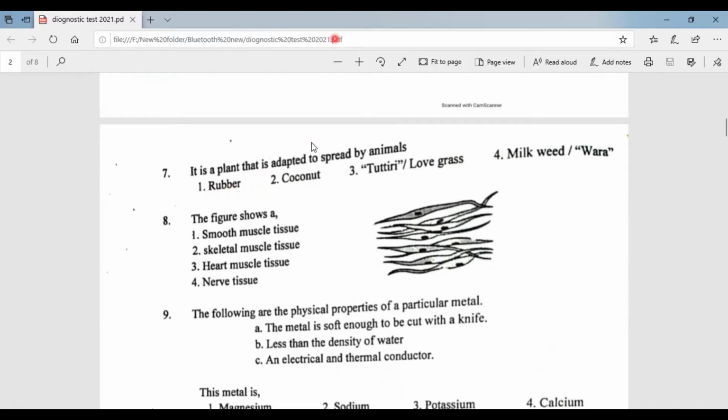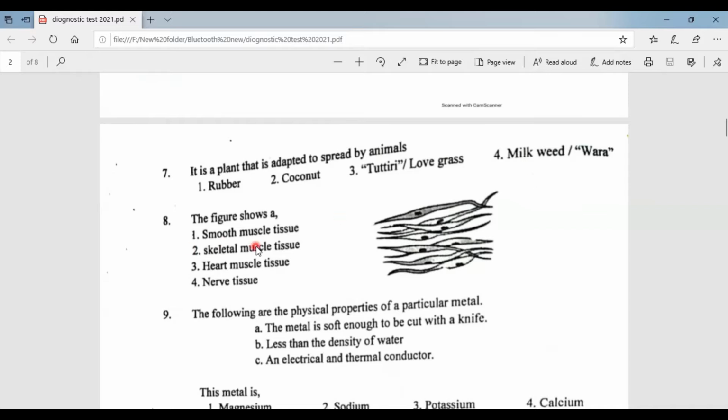The feature that lets it spread through water is having porous or fibrous pericarps. This milkweed or vara disperses by wind. The feature we can see from it is the production of fruits and seeds in large numbers, a feature of seeds that disperse through the wind.